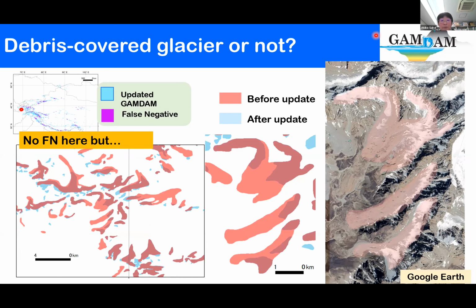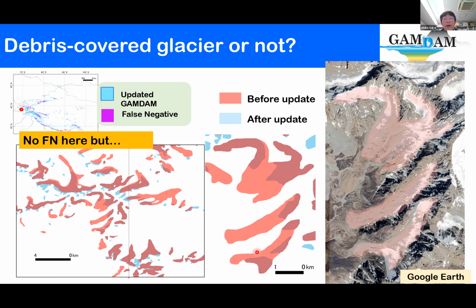And in the mountain region of Afghanistan, there is no false negative area. Herreid didn't point it out, but in this region, there are a lot of rock glacier-like debris-covered ice. Before the update, I had included those rock glacier-like areas, as shown in red color.